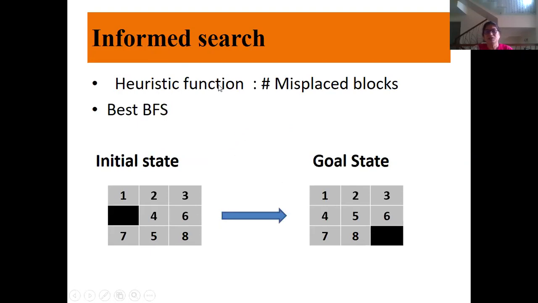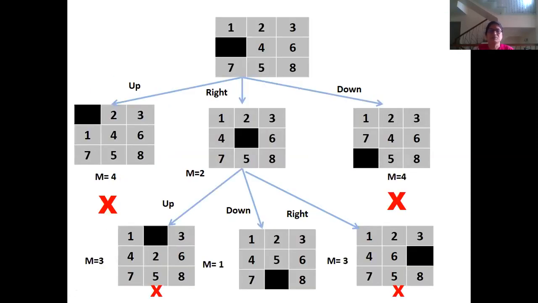So here what function will we be using? We will be using the function misplaced blocks. What is misplaced blocks? We will be counting the blocks which are misplaced when compared to the goal state. And here we will again be using best first search. So let us see how we go around with this informed search approach.